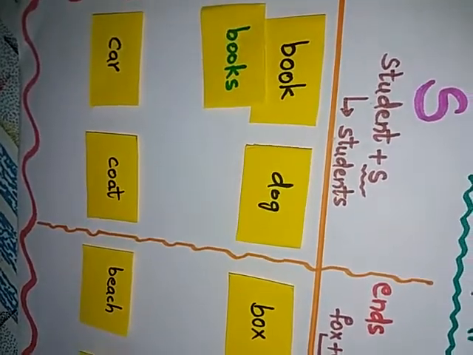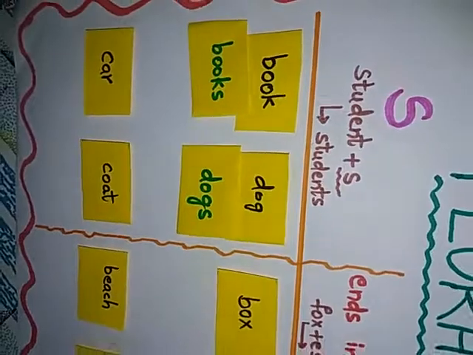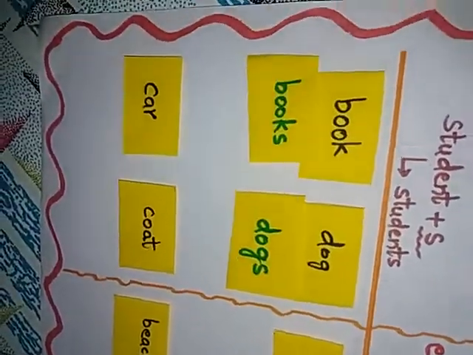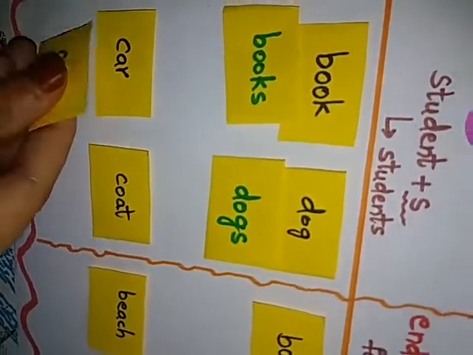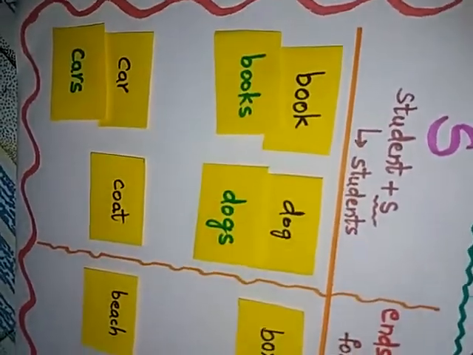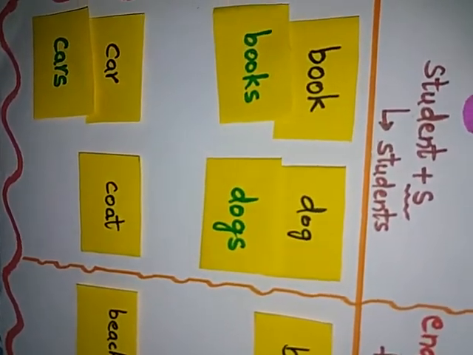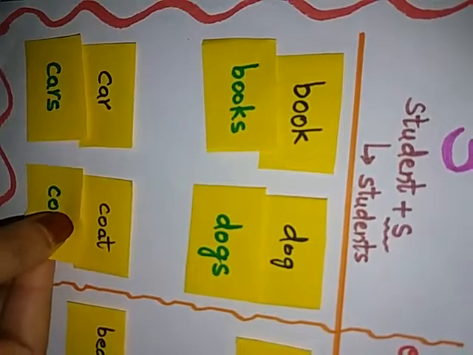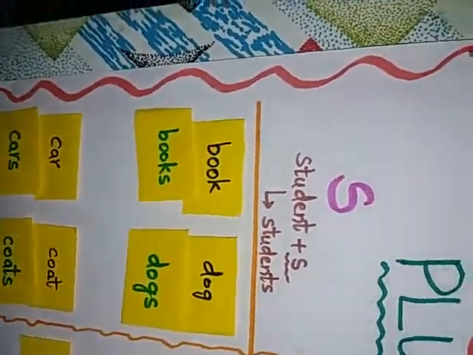Dog plural noun will be dogs. Yes, very good children. Next one, car. Plural noun of car is cars. Yes, excellent. Then comes coat. Coat plural noun will be coats. Superb. So S column has been completed now.